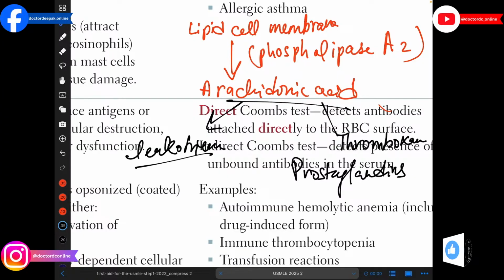Arachidonic acid is converted into leukotrienes with the help of lipoxygenase, and into thromboxane or prostaglandins with the help of cyclooxygenase.